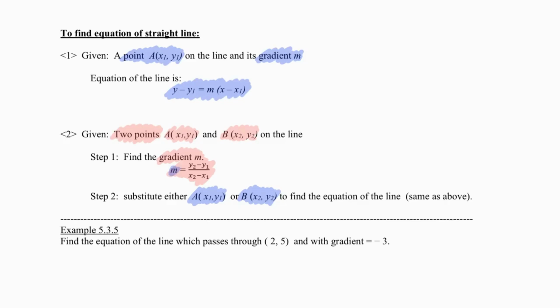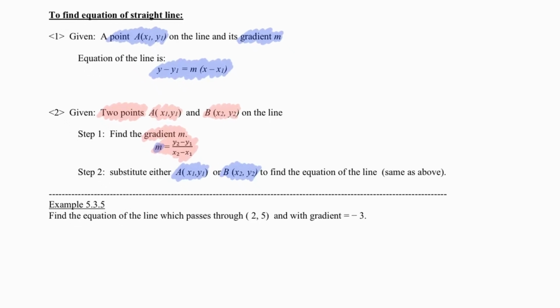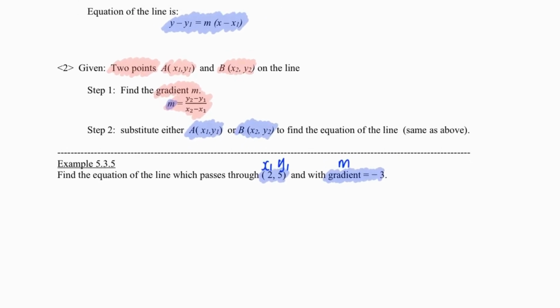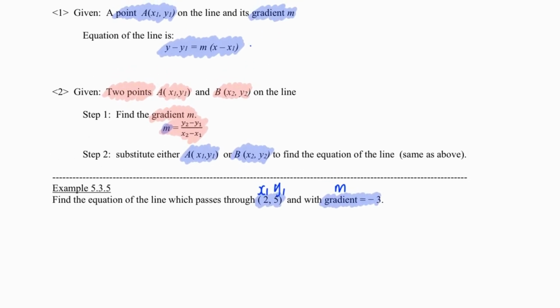So come, let's see what we are given below here. Oh, we are given a point. And we are also given a gradient. So gradient is my m. This is my x1, y1. So I'm going to substitute into this formula. Y minus y1 is my 5.